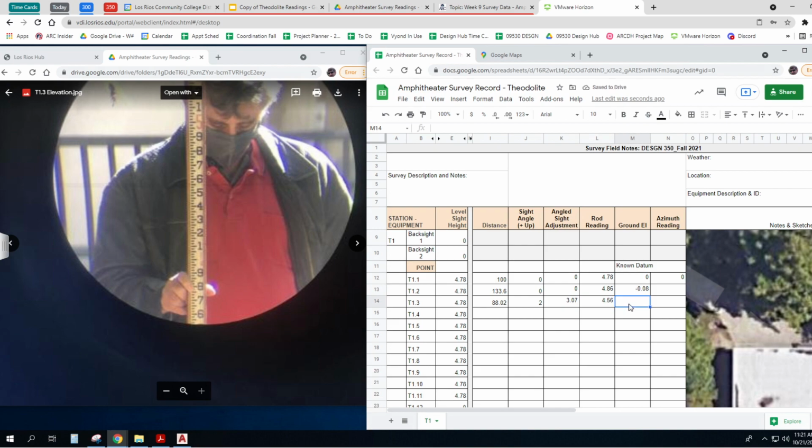So what's my ground elevation? It equals 4.78 plus the adjustment minus my rod reading. I'm at 3.29. So the level sight plus the angled sight adjustment minus the rod reading.